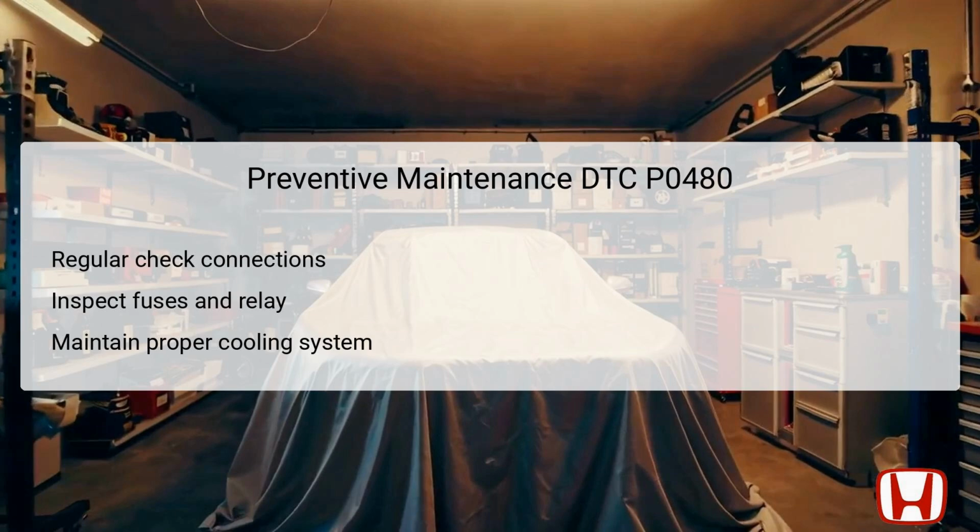Additionally, maintaining the overall cooling system through regular coolant changes and ensuring no obstructions in the radiator or fan assembly is key to system longevity. By implementing these preventive measures, the risk of future malfunctions in the RFC system can be minimized considerably.